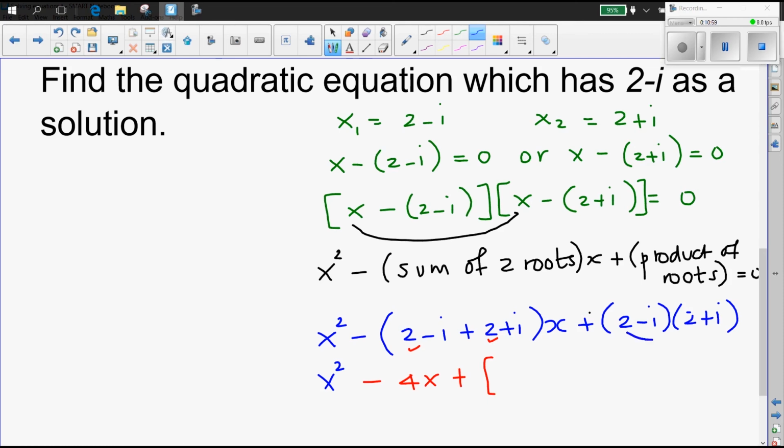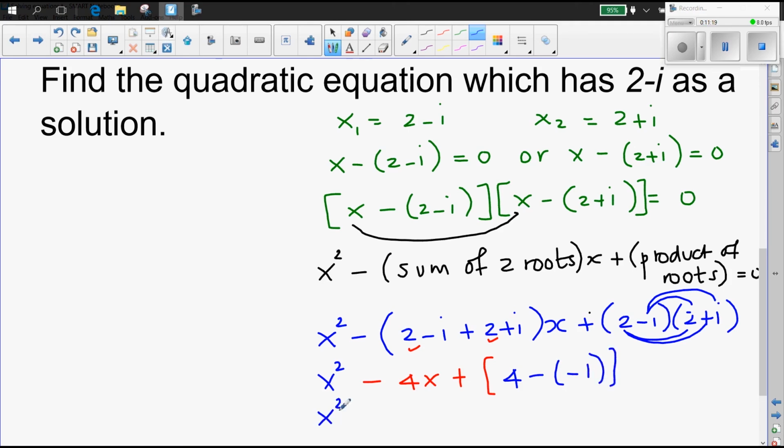And once again, this is the difference of squares, so 2 times 2 will give me 4. Then I'll have plus 2i minus 2i, which is 0i. And then I have minus i squared, and I know i squared is minus 1, so it's going to give me minus minus 1.